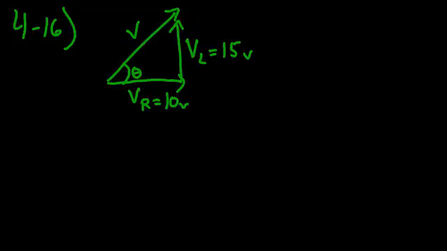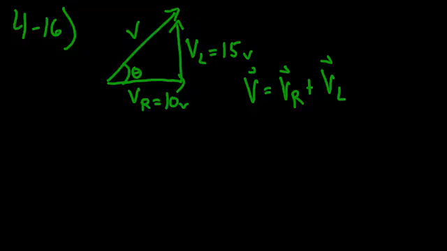So we want to find the total voltage here. We want to find V, which we're saying is equal to VR plus VL. We know from what we did today that if we're doing addition, the easier way is to handle it in rectangular form instead of polar form, right?